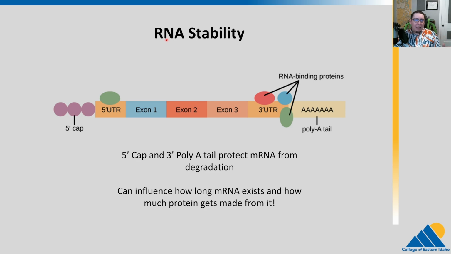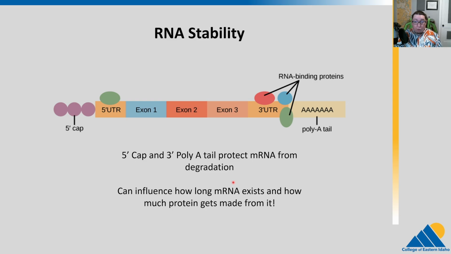So basically, changing the stability or how long the mRNA exists changes how much protein gets made. The 5' cap and the 3' poly A tail that we've talked about previously, they protect the mRNA from degradation. So they can influence how long the mRNA exists and then how much protein gets made. There's some correlation between the length of the poly A tail and how long the mRNA stays around.